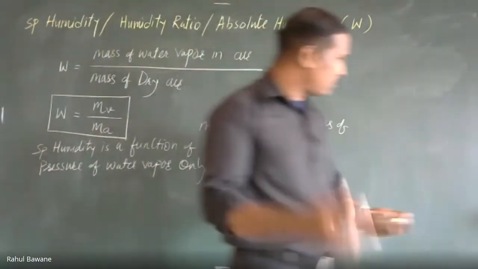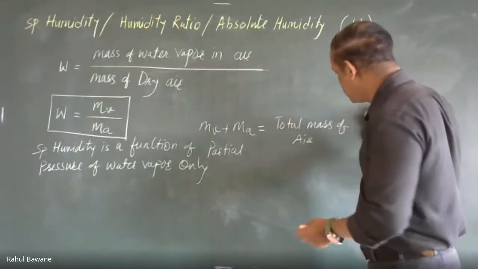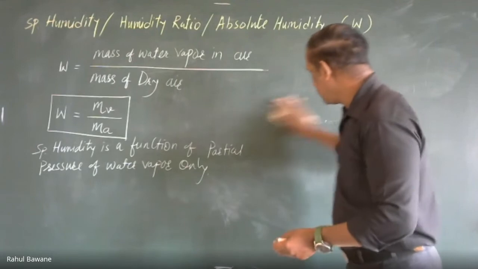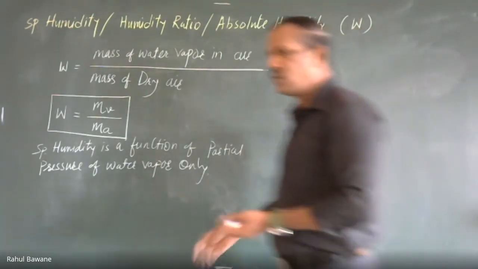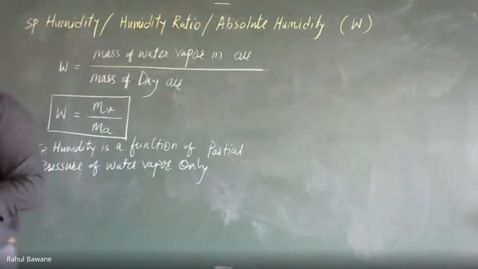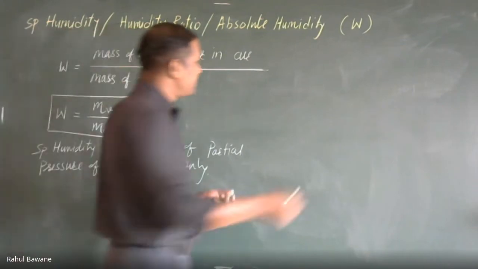And you are asked to justify this. How is it possible? How is it justified that the specific humidity is a function of only the partial pressure of water vapors? Now let me explain the basic theory.